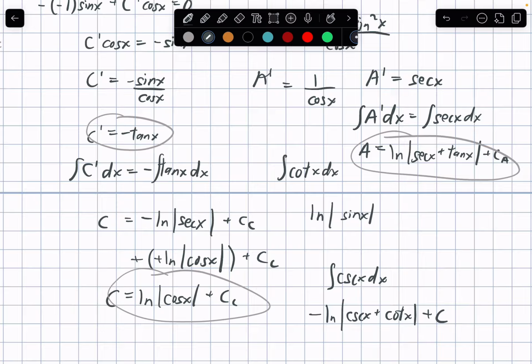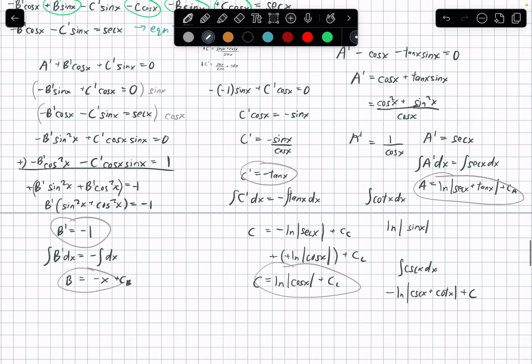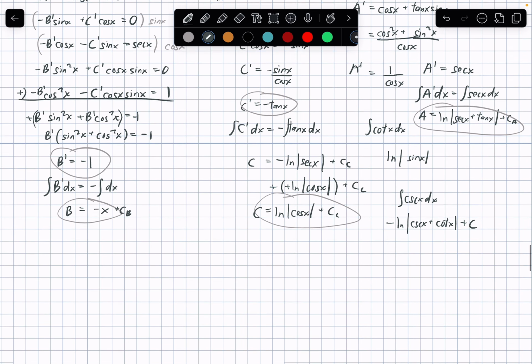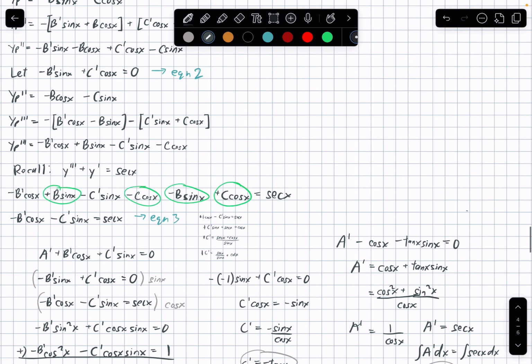Then don't forget the constant of integration. Yeah, okay, I remember it correctly. So A, B, and C, we already have A, B, and C.